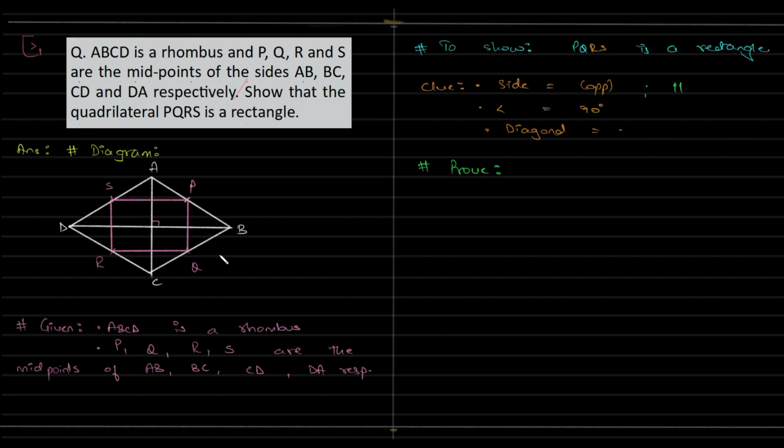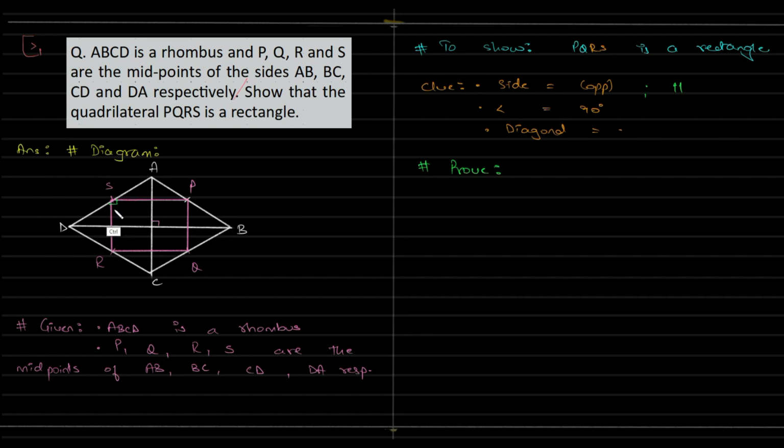So how do we prove this? That is the question. Okay, so let's prove that SP is parallel to QR. We can prove that this set of lines are equal and parallel. If we prove that, this becomes a parallelogram, and proving that this is 90 degrees will not be that tough if you think about it.